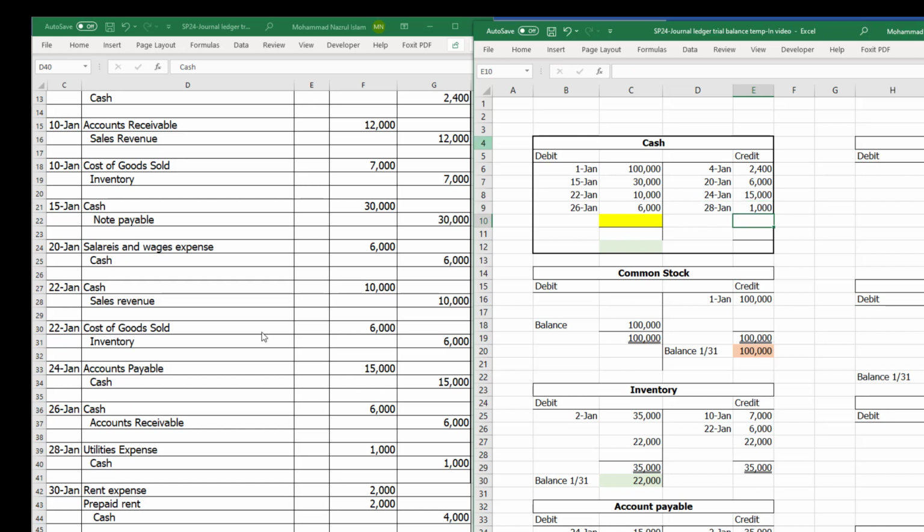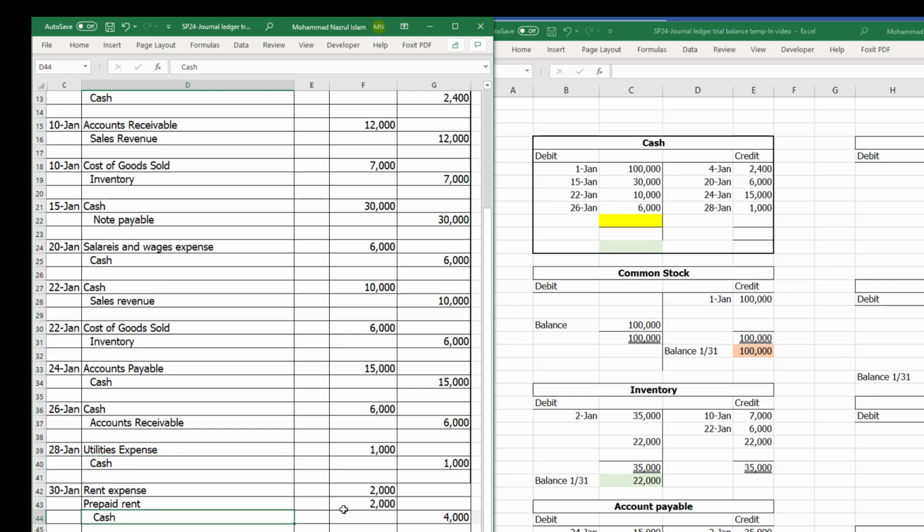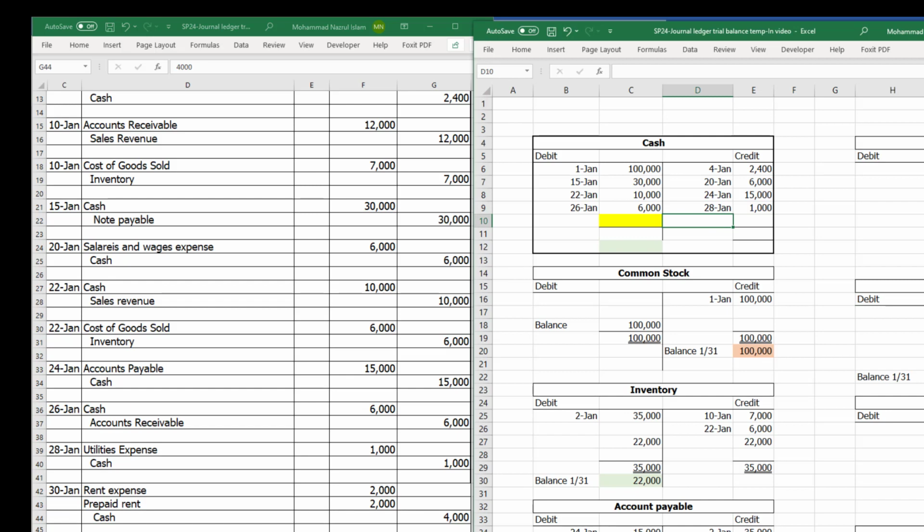Then we have another credit of cash, on January 30, and that one is 4,000.